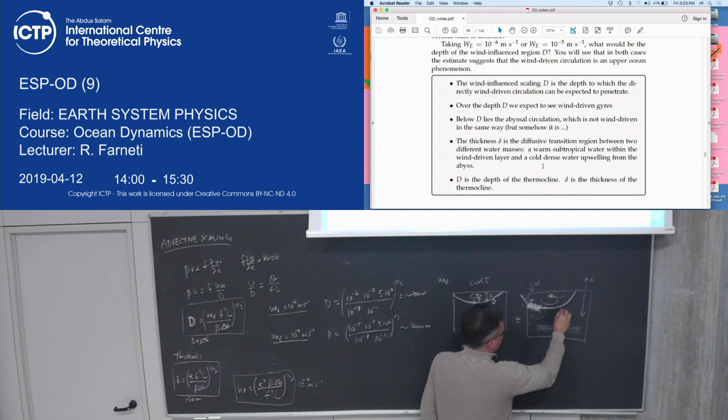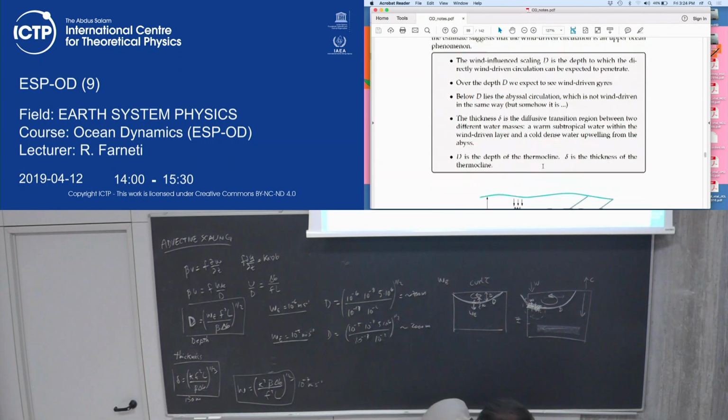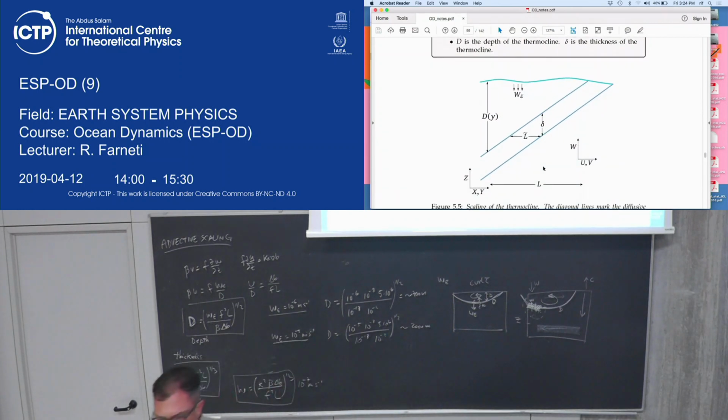The depth is d, but how thick this transition region is, how thick my thermocline is, is given by a diffusive process, and that is given by this thickness delta, which is separating a warm subtropical water, in this case we are in subtropical gyres, and the cold, dense water that sunk in the northern hemisphere and is trying to upwell in the wind-driven gyres. So d is the depth of the thermocline, and delta is the thickness of the thermocline. And this is a nice schematic that summarizes what I was trying to say.